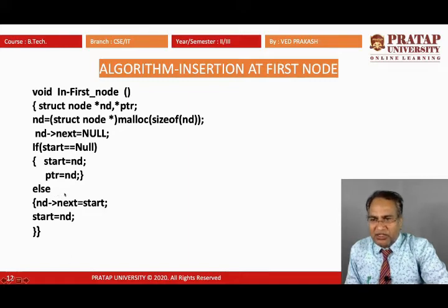In such a case, when we have to create the new node at the beginning, we set the new node's next pointer to the start, and start is set with the new node.